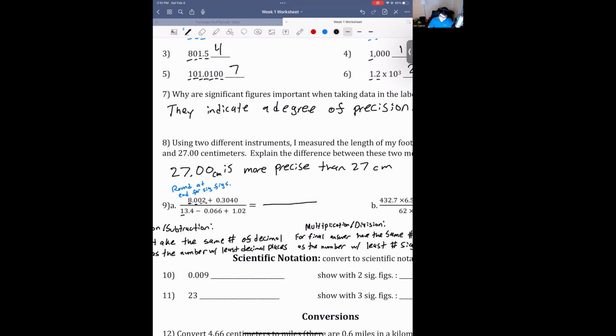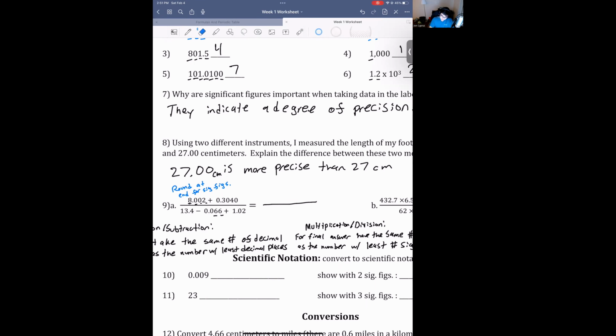Then over here, the least amount would be 2 sig figs. Sorry, not 2 sig figs, 3 sig figs. Oh no, sorry, 2 sig figs. We have 2 down here, which correlates to 2 sig figs. This 1.02 has 3 sig figs, the 13.4 has 3 sig figs. So we're going to round to 2 sig figs at the very end.